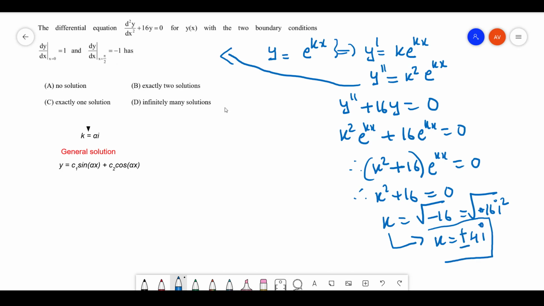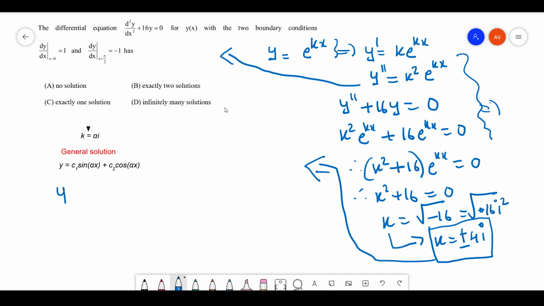So this is the solution. This is how you obtain an auxiliary equation, or you can directly write the auxiliary equation like I have shown in the previous slide. Let's use this according to this particular formula.